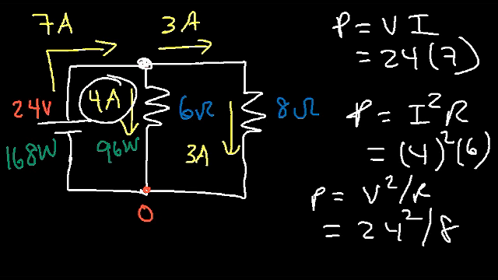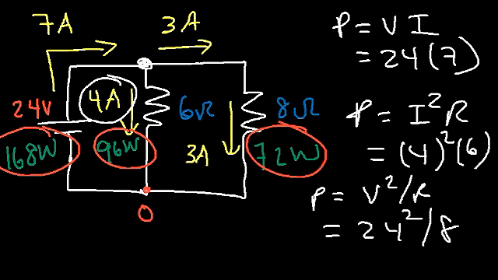So 3 times the other 24 is 72. Notice that 168 is equal to 96 plus 72. The total power delivered by the battery equals the total power absorbed by the two resistors.